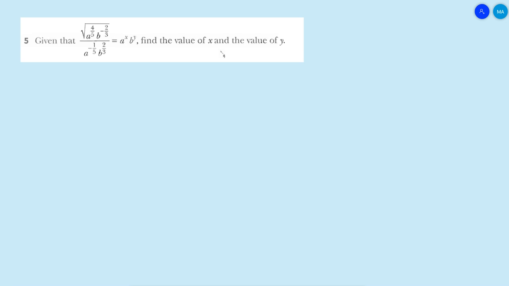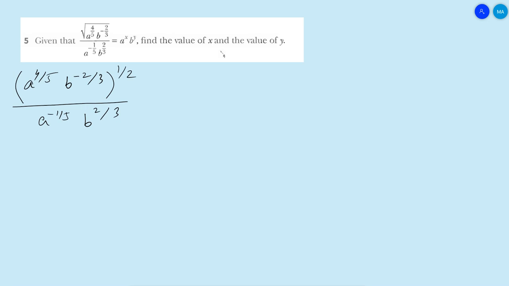Question number 5 is (a 4 upon 5 b minus 2 upon 3) square root upon (a minus 1 upon 5 b power 2 upon 3) is equal to a x b y. Find the value of x and the value of y. Very easy question. (a 4 upon 5 b minus 2 upon 3) square root means 1 upon 2 upon (a minus 1 upon 5 b 2 upon 3).